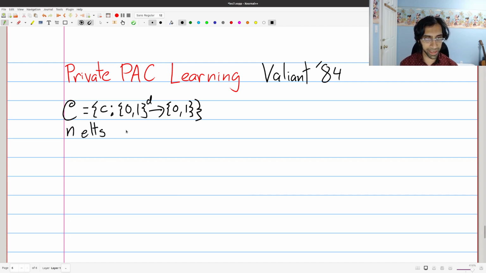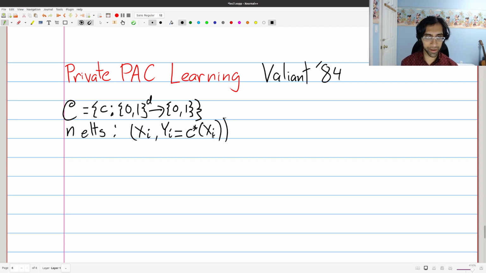There's the data set. It's going to be given xi comma yi, where these are the data points and these are the labels, and the labels are going to be according to some function, let's say c star of xi.